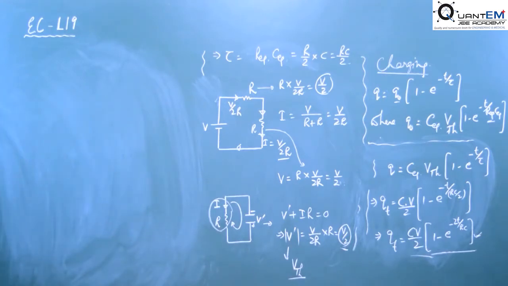Now from the given circuit you have to find the value of the time constant. I am giving one circuit and you have to find the value of the time constant for this circuit.